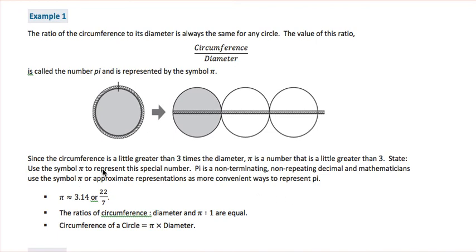We use the symbol to represent this special number because pi is a non-terminating, non-repeating decimal, and mathematicians use the symbol pi or approximate representations as more convenient ways to represent pi. So you will see pi is approximately equal to, that's what the squiggly equal sign means, 3.14 or 22/7. The ratios of circumference to diameter and pi to 1 are equal. And the circumference of the circle is pi times the diameter.